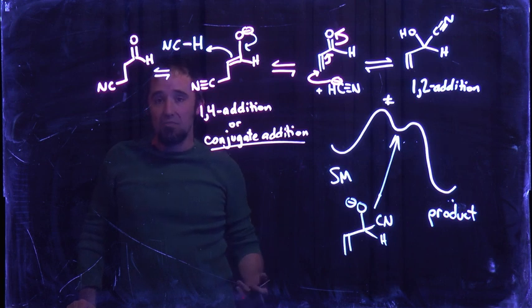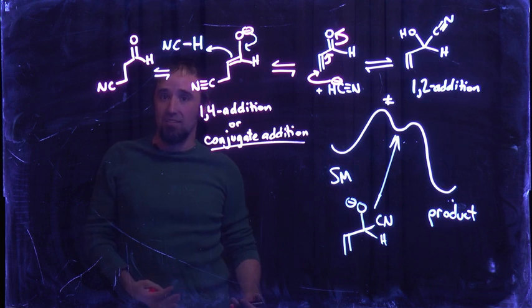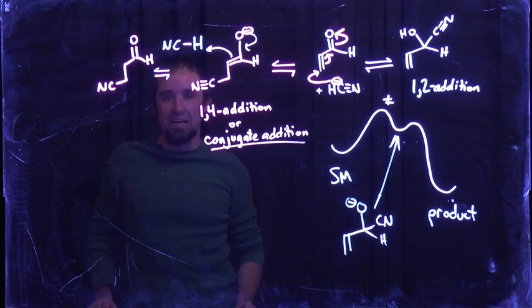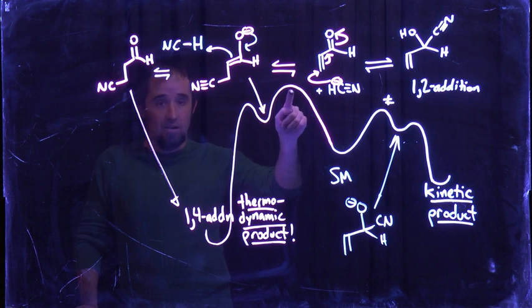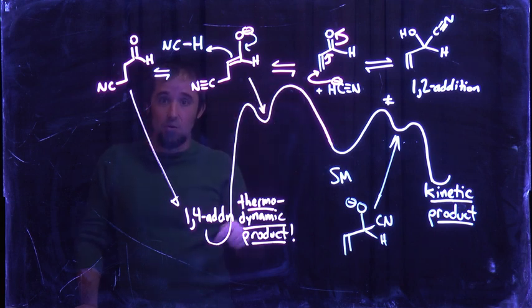In the past, when we've talked about competing reactions, sometimes we talk about kinetic products versus thermodynamic products, and this is a fantastic example of that dichotomy. This 1,4 product is our thermodynamic product. The barrier is higher, so it's going to be a slower initial reaction. But once it comes over this big hill, it goes to a deeper well.